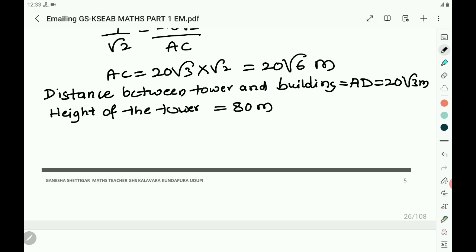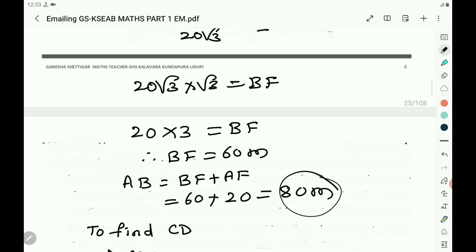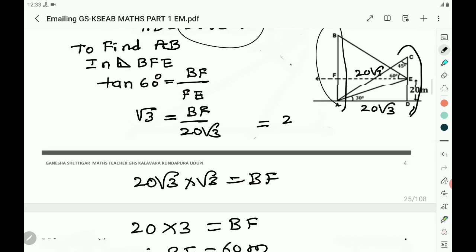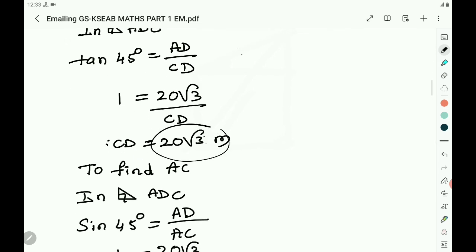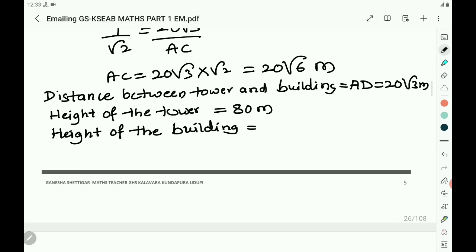Next, height of the building. Height of the building is CD. CD is equal to 20 root 3 meter.